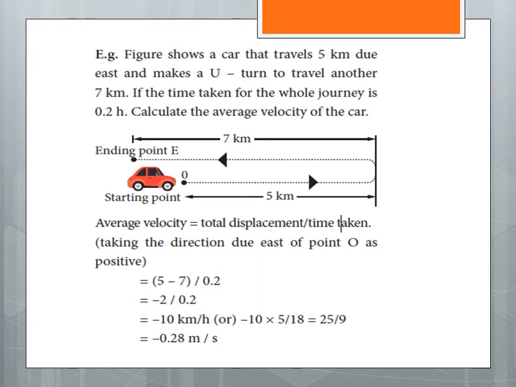Taking the direction due east of point 0 as positive, equals 5 minus 7 divided by 0.2. The ending point after the U-turn, we can subtract both. Equals minus 2 divided by 0.2, equals minus 10 km per hour. We can write it as minus 10 into 5 divided by 18, equals 25 divided by 9, equals 0.28 meter per second.